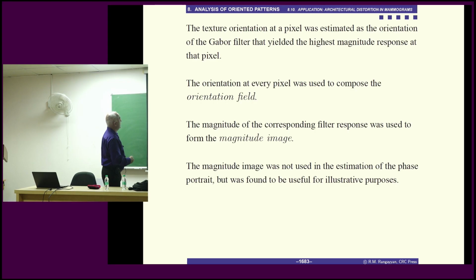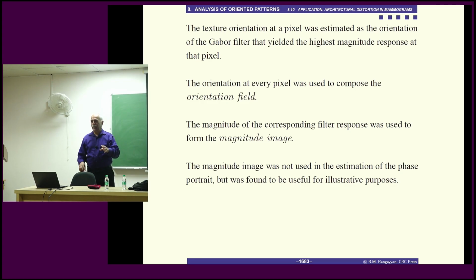So the texture orientation was determined as the orientation of the Gabor filter that yielded the highest magnitude response. In this case, we used 180 filters. We don't need 1 degree separation of filters. We could have done with 90 filters perhaps, but we left that optimization to later stages.